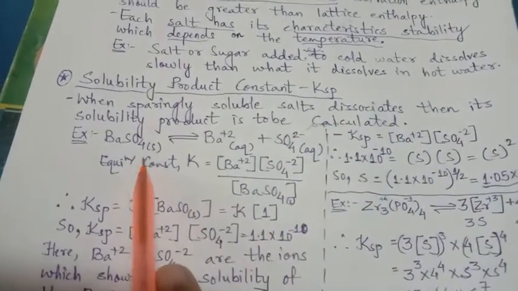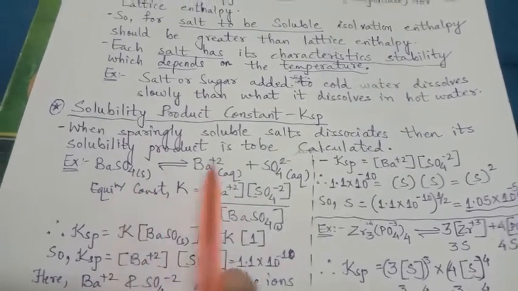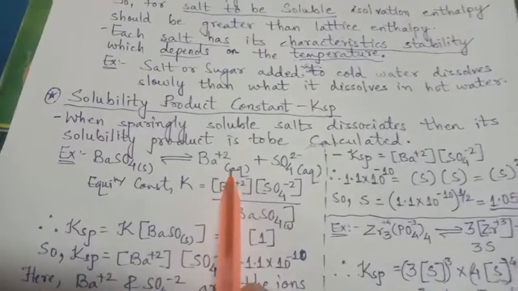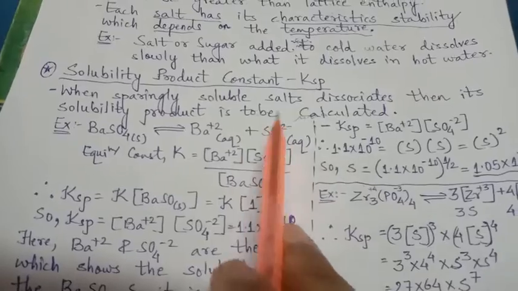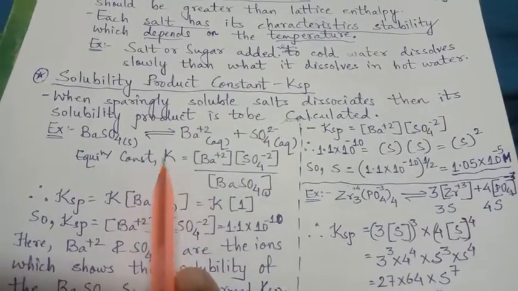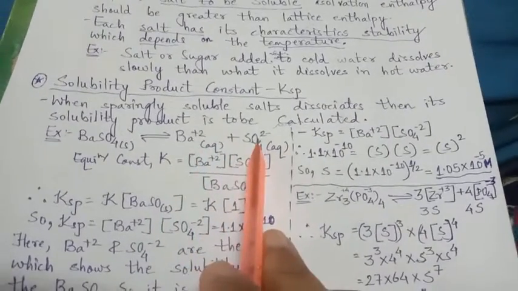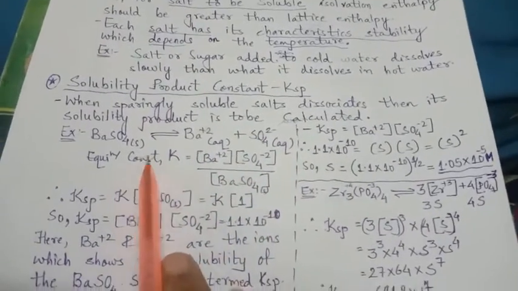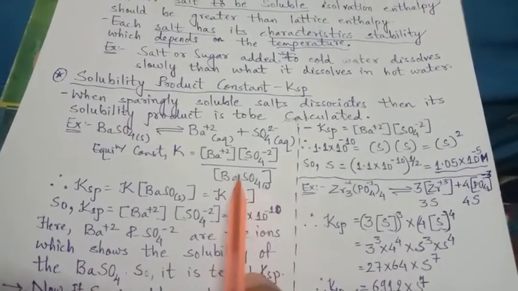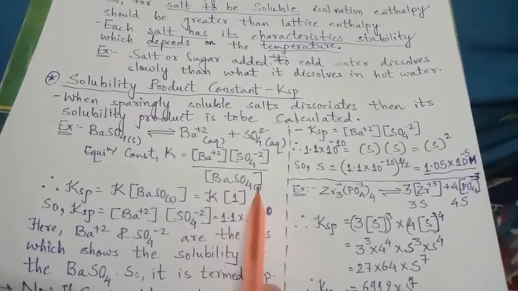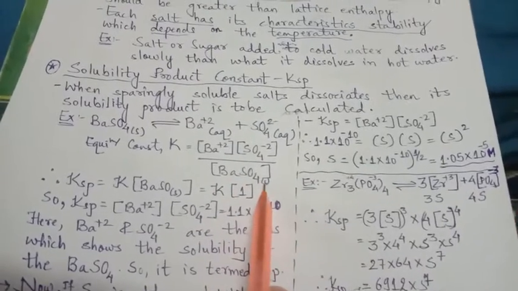Here is an example of barium sulfate in solid form. During the reaction, barium sulfate dissociates into the cation Ba2+ and the anion SO4 2-. When I want to calculate the equilibrium constant, K is equal to the product of the concentrations of the products divided by that of the reactant, where here the reactant is only BaSO4 in solid form. We know that, like a pure liquid, a solid is also constant in its concentration, so it can be considered as 1.